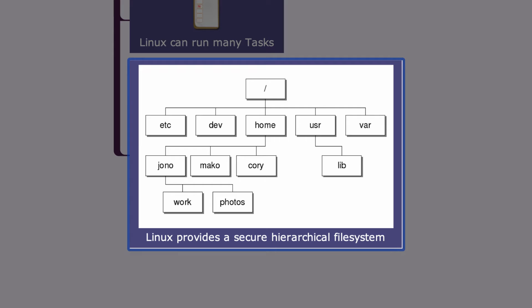Finally, Linux provides a secure hierarchical file system. Now, a file is a collection of information such as text for a memo or a report, accumulation of sales, an image, a song, it could be anything. Each file is stored under a unique identifier on a storage device such as a hard disk. The Linux file system provides a structure whereby files are arranged under directories, which are like folders or boxes.